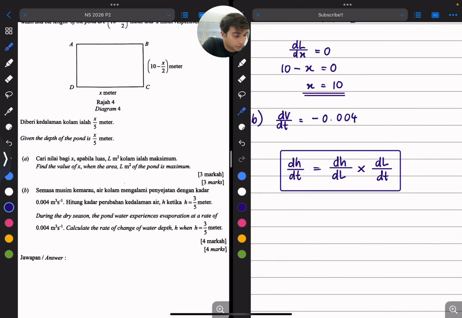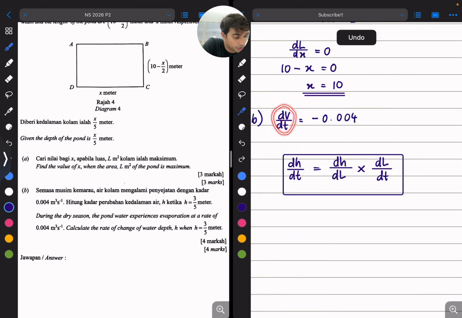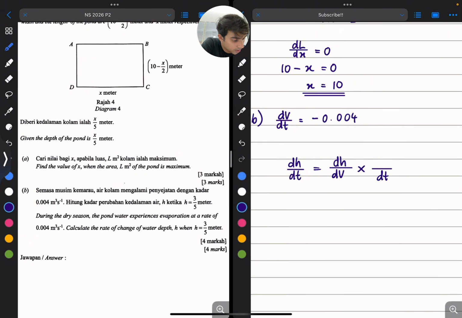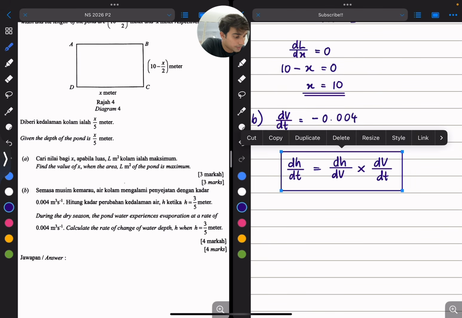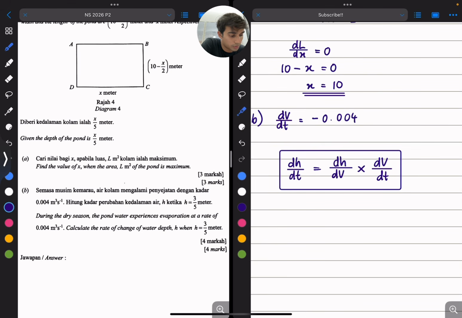So dl cannot lah. We have dv dt instead. So let's just use dv. Okay, because that rate is given, the rate of volume. So dv dt we already have, dh dv we don't have. So we have to figure that one out.